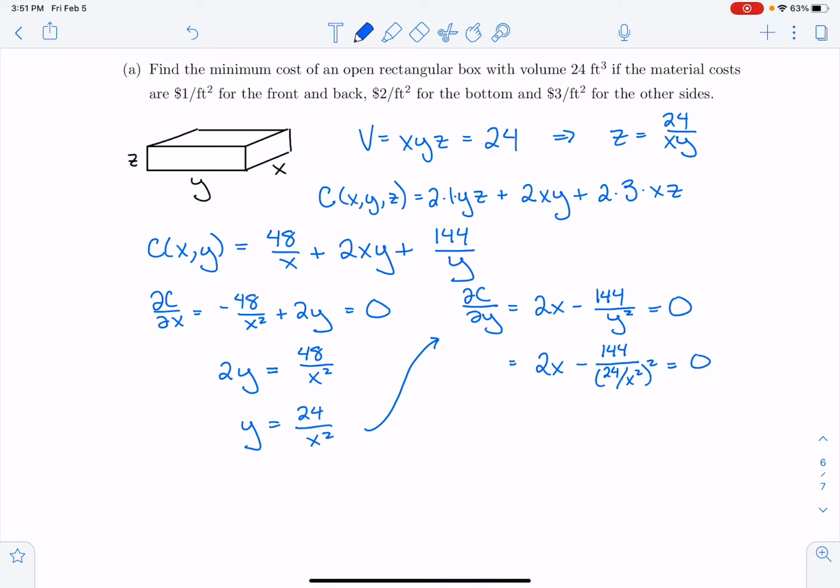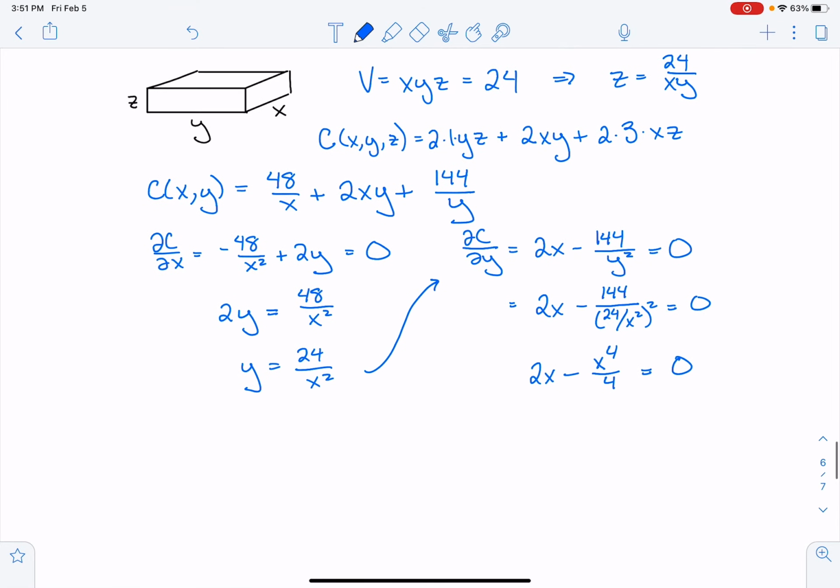I'm going to get 2x minus, okay, 144 divided by 24 squared. So 144 divided by 24 is going to be 6. 6 divided by 24, because I'm dividing by 24 twice, that's going to give me 1/4. So this becomes x to the 4th over 4. I'm going to set that equal to 0.